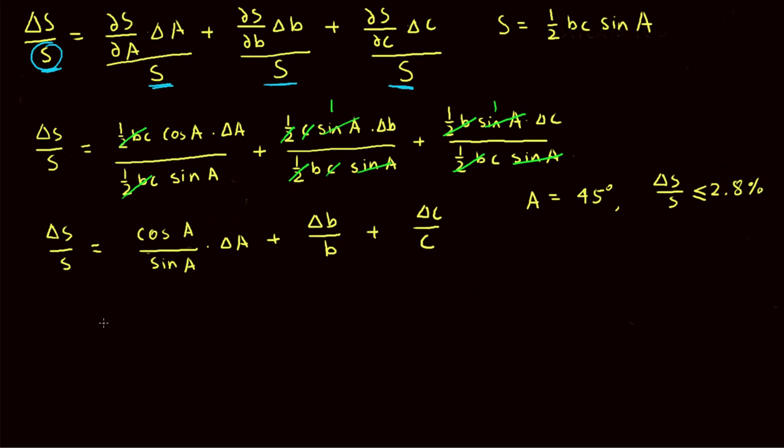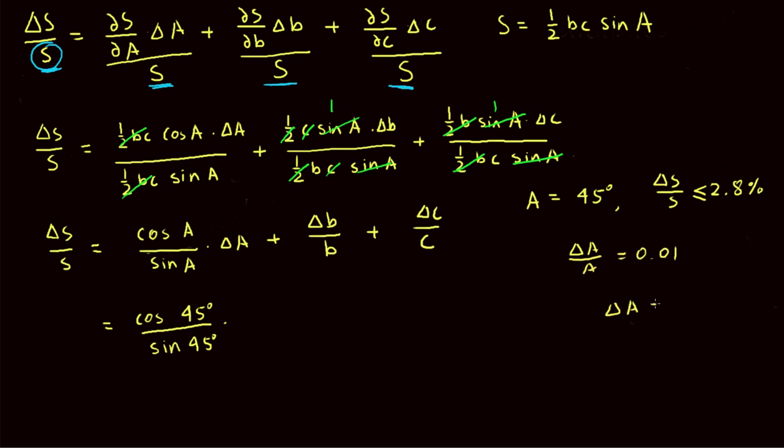So as we proceed with delta S over S, we know that cos A over sine A, we could just simply put cos 45 over sine 45. So delta A, if you remember correctly, delta A over A is 0.01.